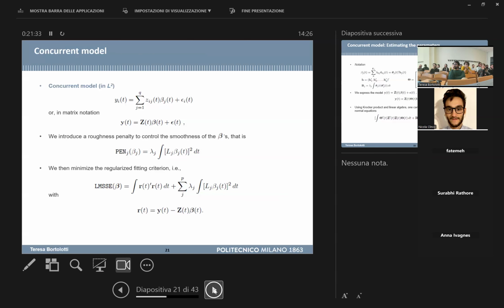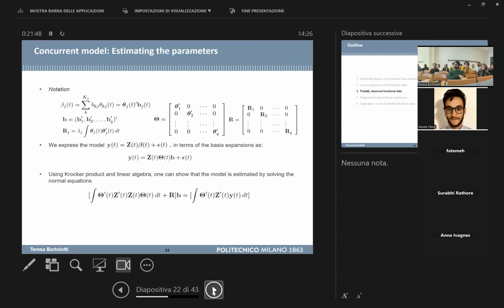Okay. Now, this is an infinite dimensional problem. Beta is an infinite dimensional quantity. So in order to solve this problem, you need to reduce the dimensionality. What you do again is that you go through basis expansion. So you assume that the coefficients that you are looking for are defined on a space of basis functions theta.